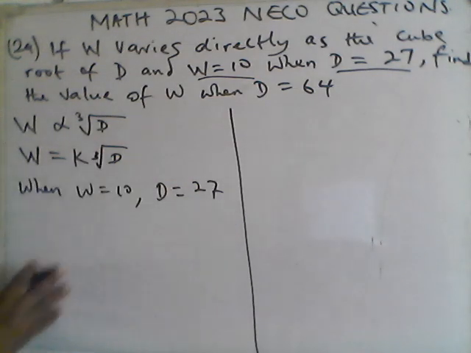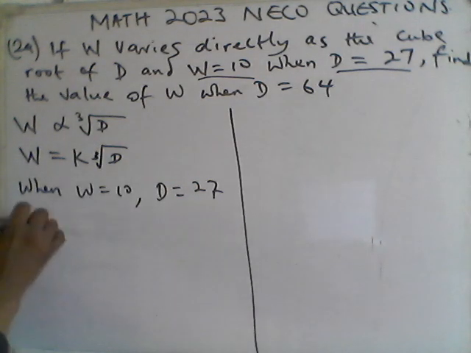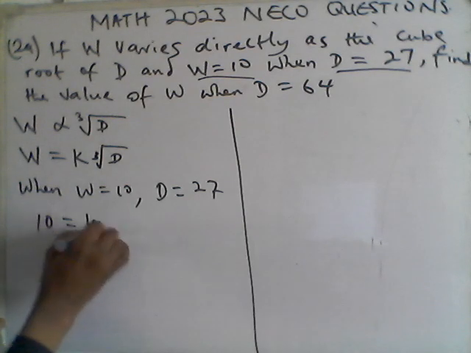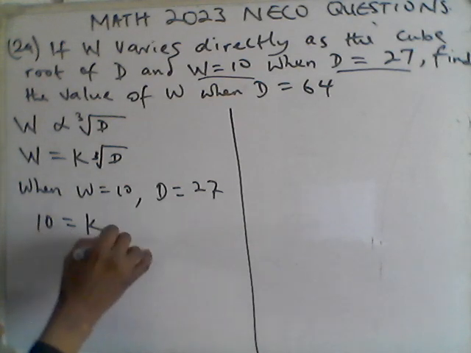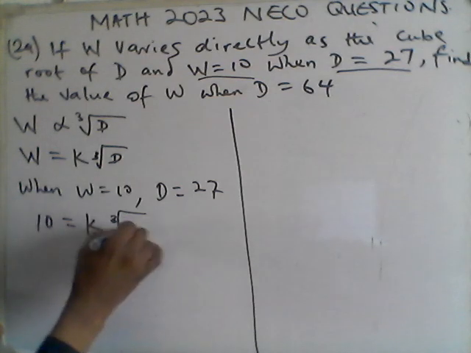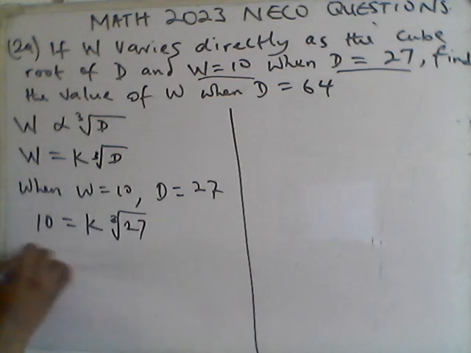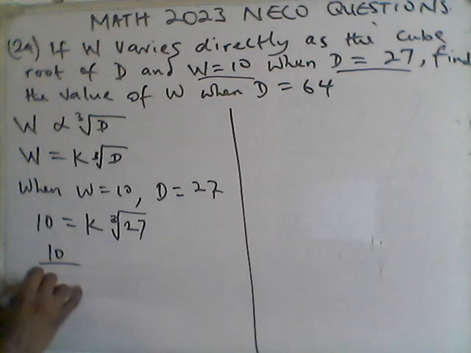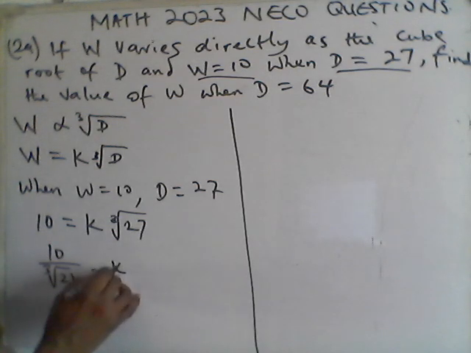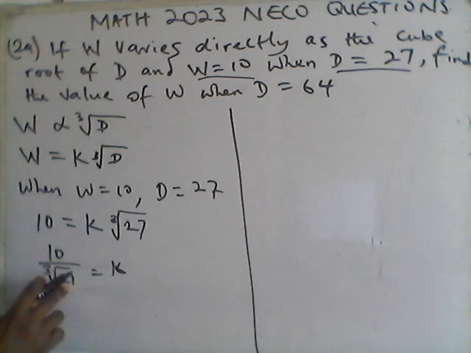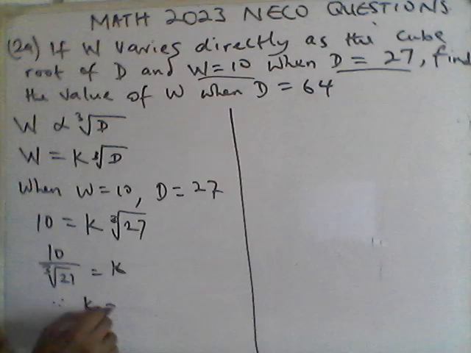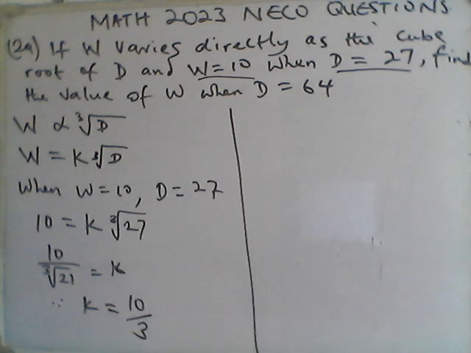So I can find what k is from here. So w is 10, equal to k, which is not known, times the cube root of 27. So I can get k: 10 over the cube root of 27 is equal to k. So what would that give us? The cube root of 27 is 3 already. Therefore, k is equal to 10 over 3. So this is the constant.